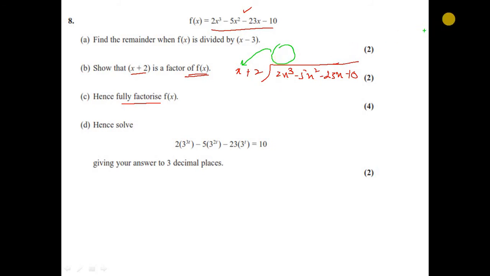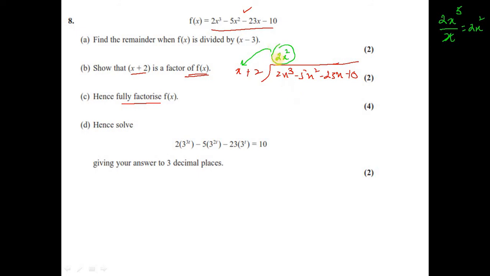In easy words, you can think in your mind that you are dividing 2x cubed, the first term of the polynomial, by the first term of the divisor, x. And if you do that, you have 2x squared, and this 2x squared you write as the first term of the quotient.